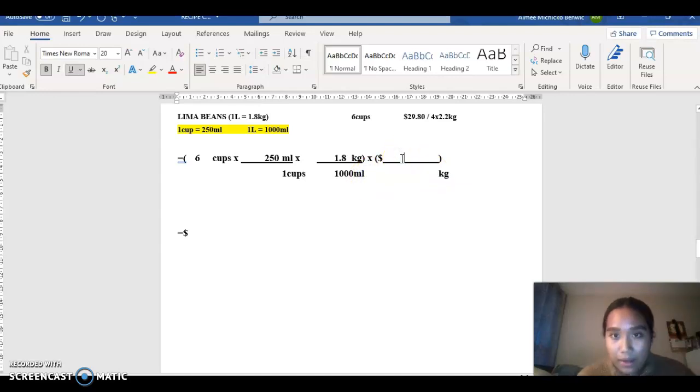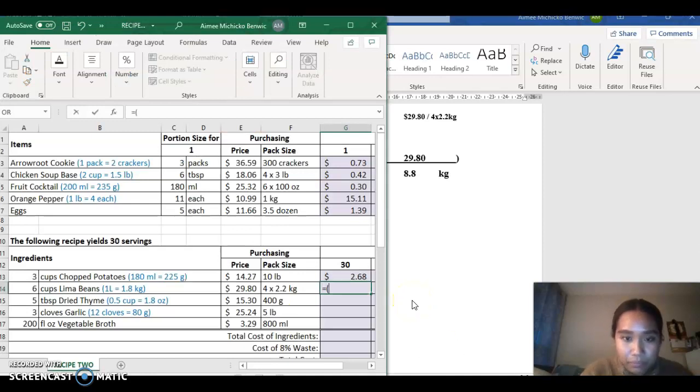And now we can just copy the price of $29.80. Again, we can see 4 multiplied by 2.2, that gives us 8.8 kilograms. And after canceling and computing all of them, that gives us $9.14 for our lima beans. Let's plop in our Excel.